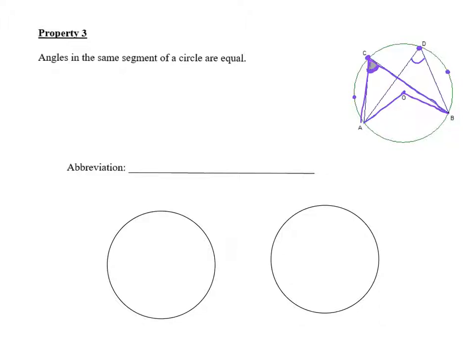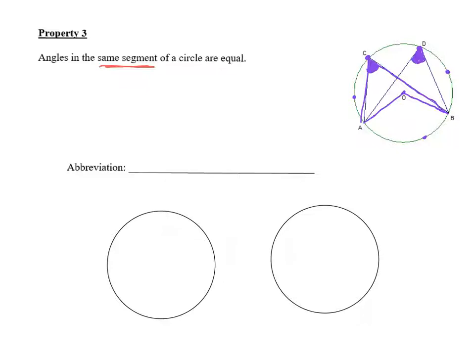That means this angle over here is the same as this angle ADB. But then it changes whenever it reaches a different portion along this part of the circle. Why is that so? Angles in the same segment of the circle are equal.